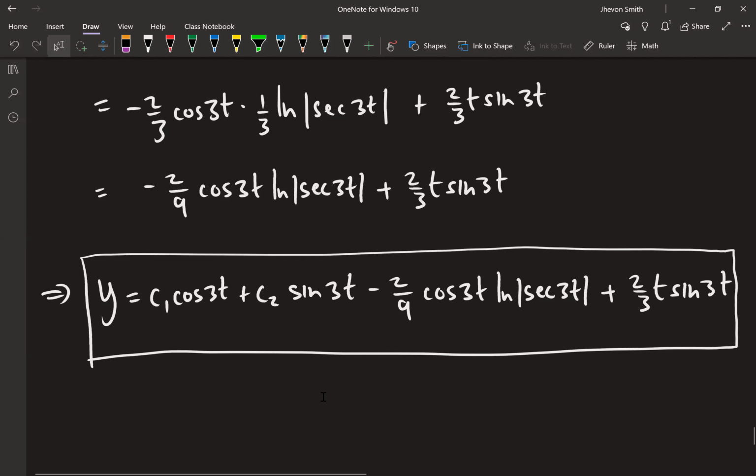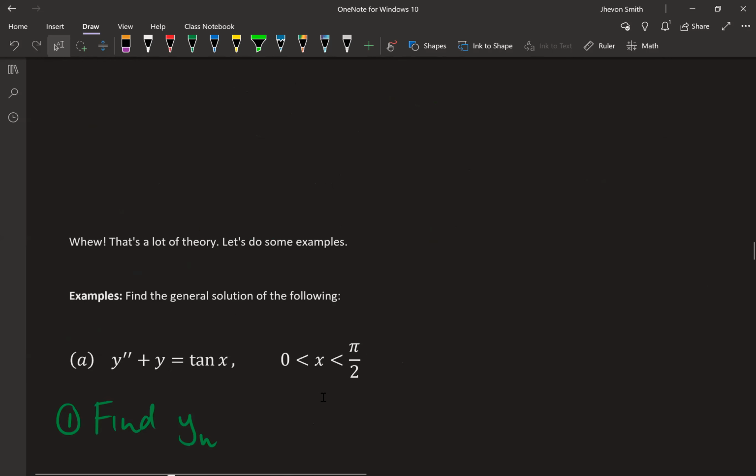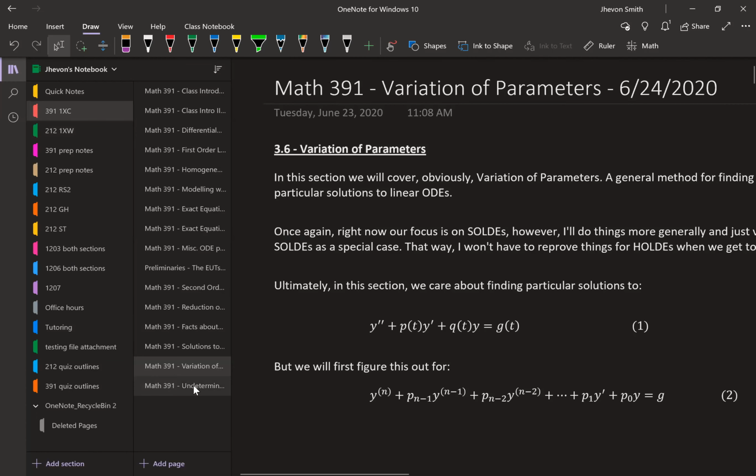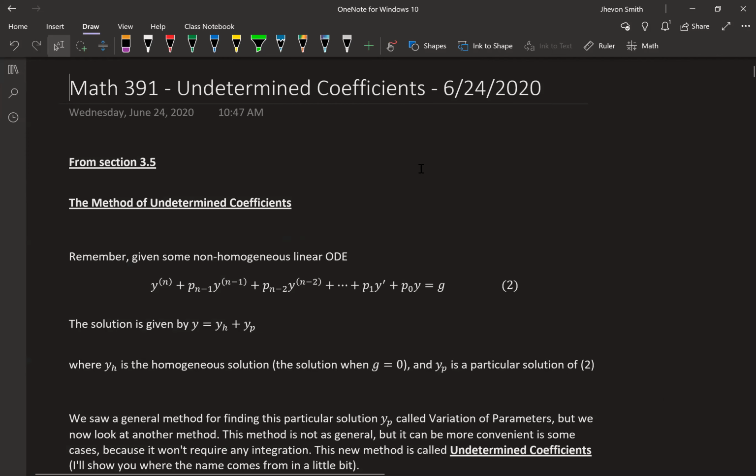Now, I've listened to the people. Some people find that integration can be annoying, and it turns out that there are times when we can get to a particular solution without doing integration. Now, that leads to a whole other method. That leads to something called undetermined coefficients. So this is a method that allows us to find a particular solution in a different way, and it does not require integration.